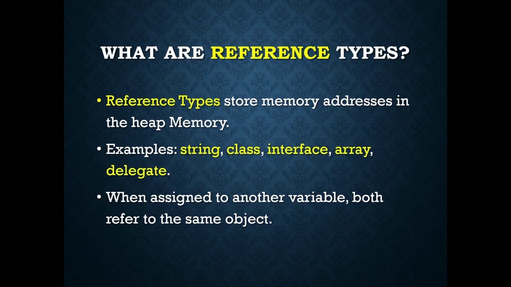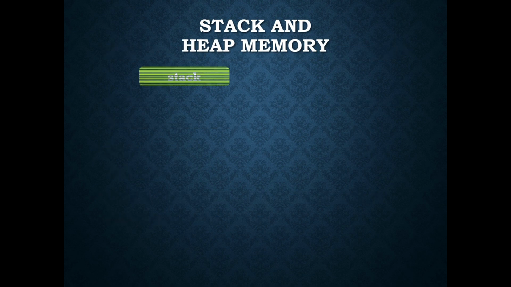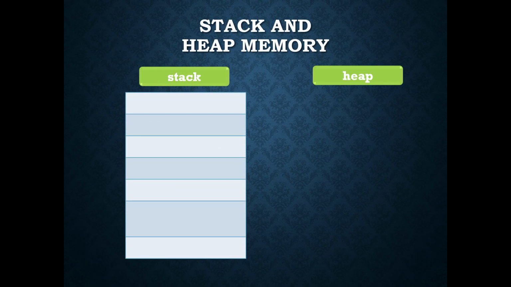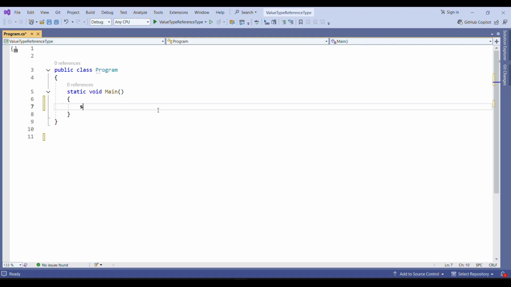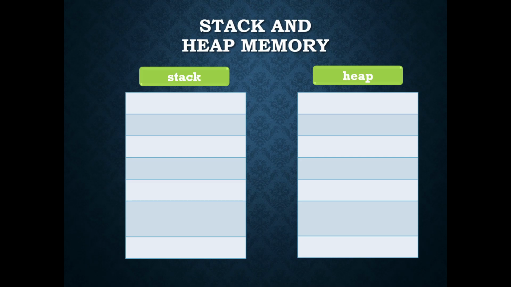Now I will explain how values are stored in memory for value types and reference types. In C Sharp there are two types of memory: one is heap memory, and the other is stack memory. For example, if I declare a string, name equal to .NET, the address is saved in the stack memory and the value is saved in the heap memory.